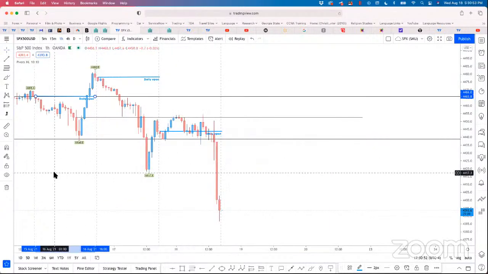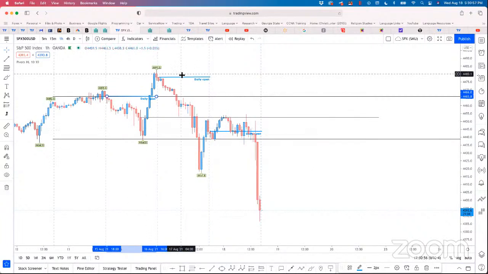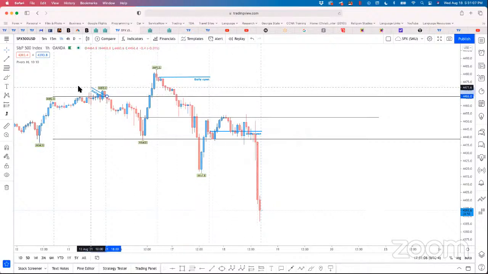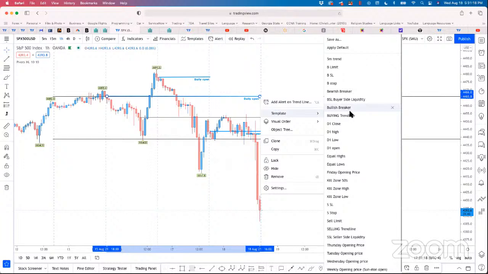And today is Wednesday, right? So that's Wednesday, Tuesday, Monday, right? So this actually gave us what? This daily opening, because this is actually Sunday, this gave us our weekly opening price and our Monday opening price, right? So this is our weekly opening as well.